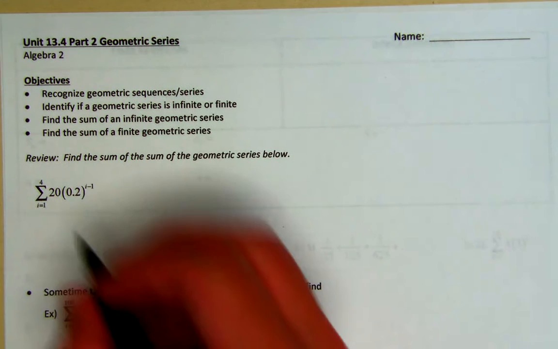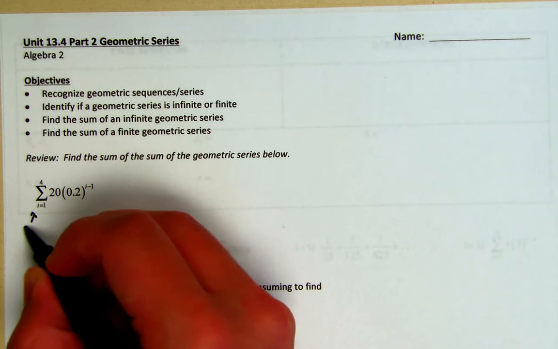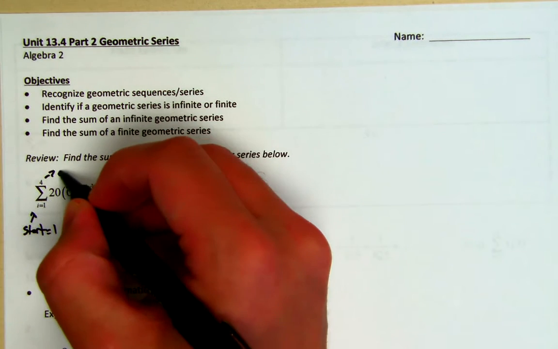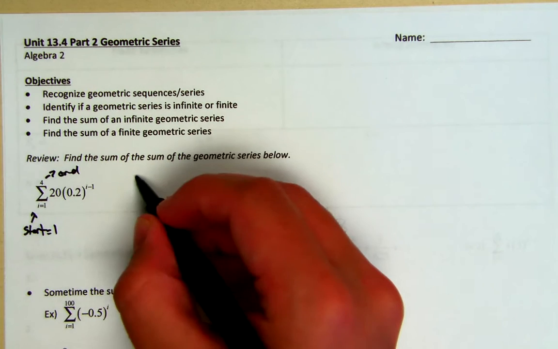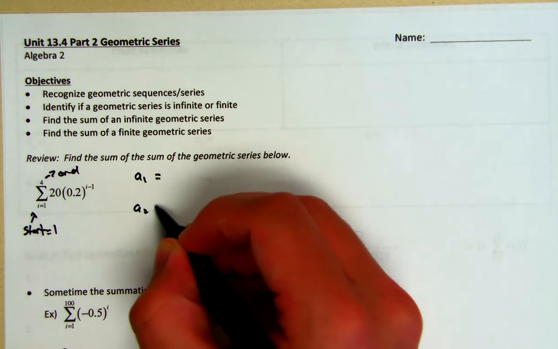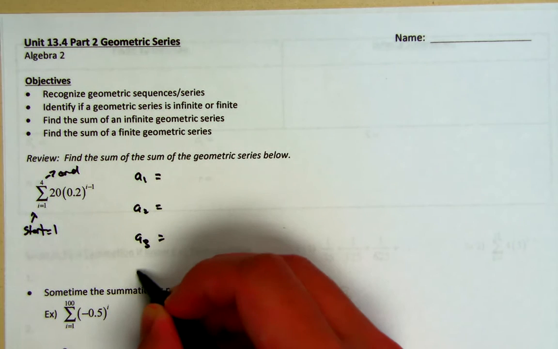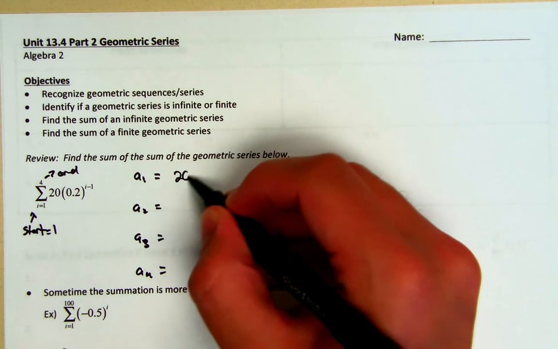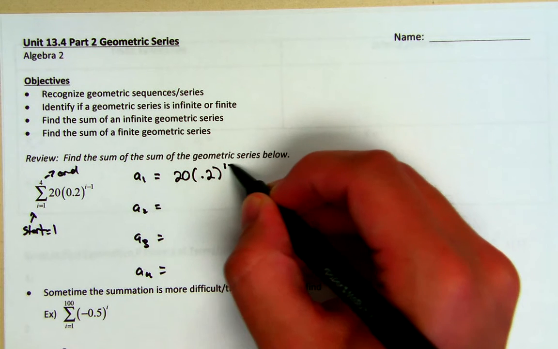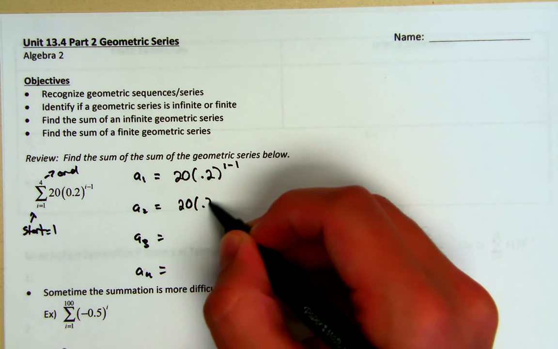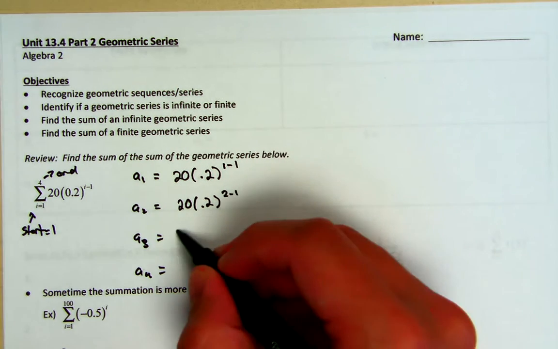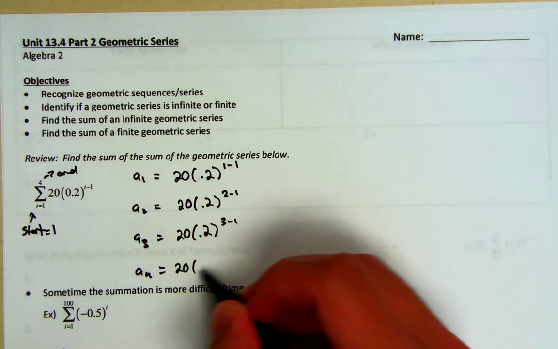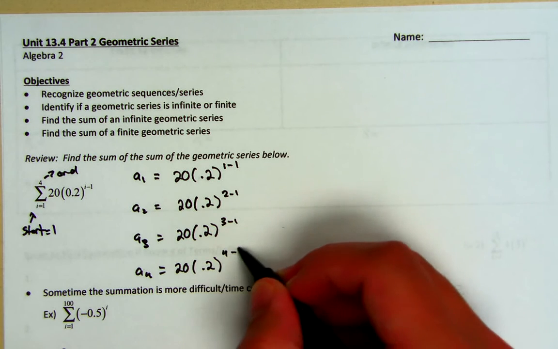So first, let's start with a little bit of review. Remember that this means I start at 1 and I end at 4. So I need a 1, a 2, a 3, and a 4. So my first term, 20 times 0.2 to the 1 minus 1, 20 times 0.2 to the 2 minus 1, 20 times 0.2 to the 3 minus 1, and 20 times 0.2 to the 4 minus 1.